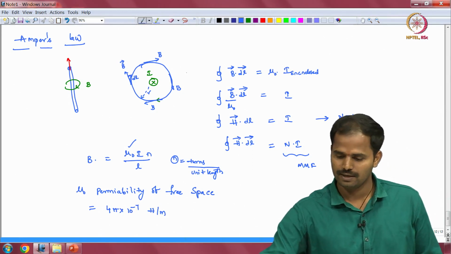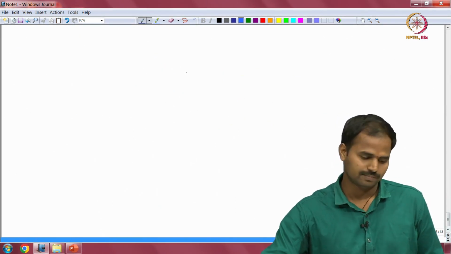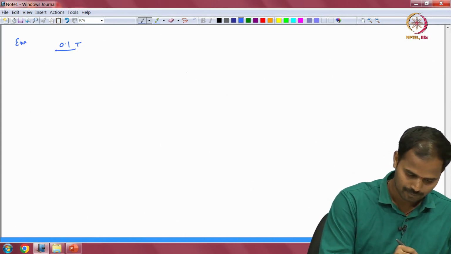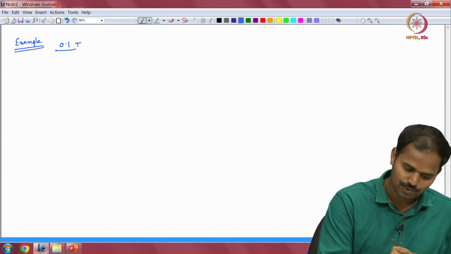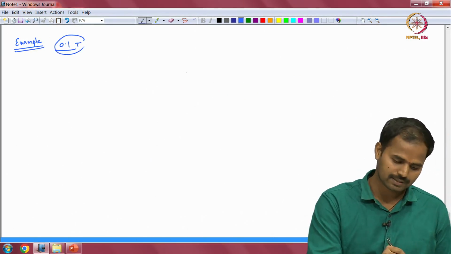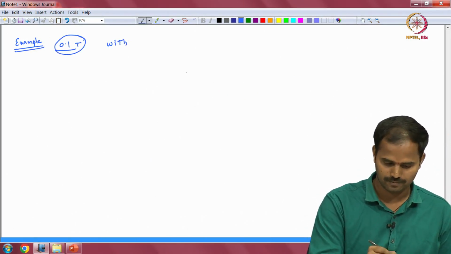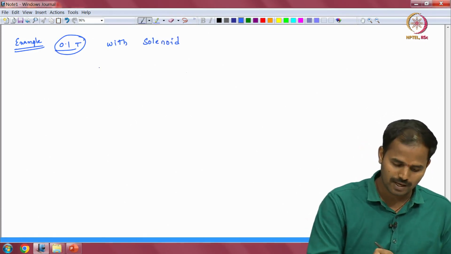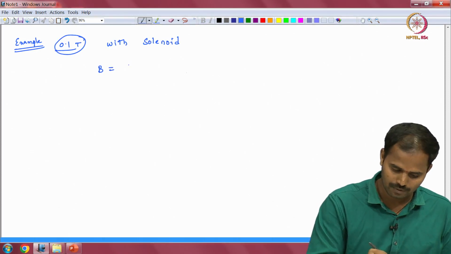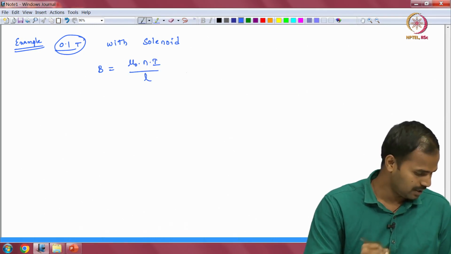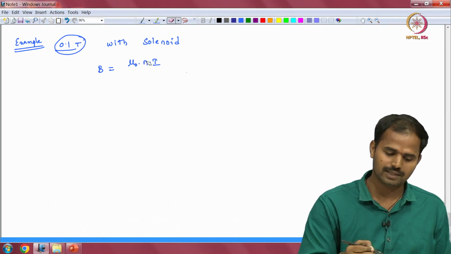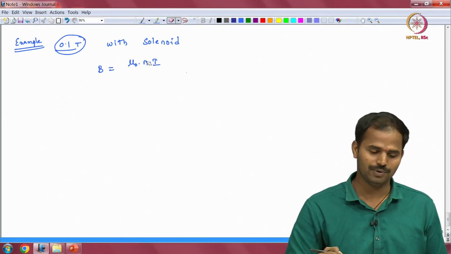So, let us consider an example. We want to generate 0.1 Tesla with a solenoid. As per Ampere's law, what we have concluded, B equals mu naught n into I divided by L, or mu naught n I, where n is the number of turns per unit length.